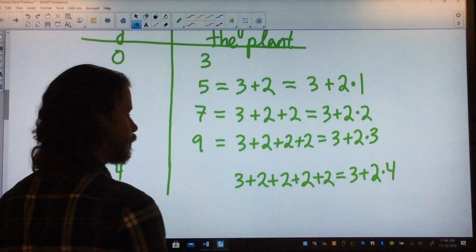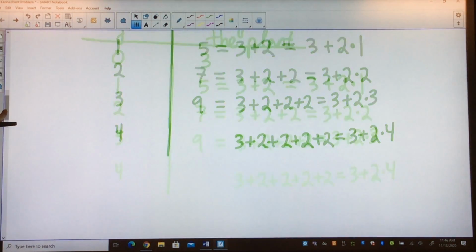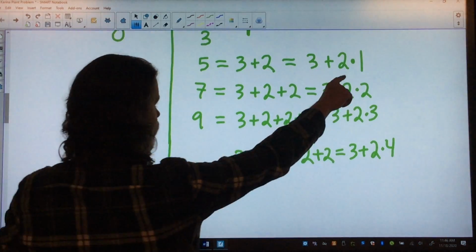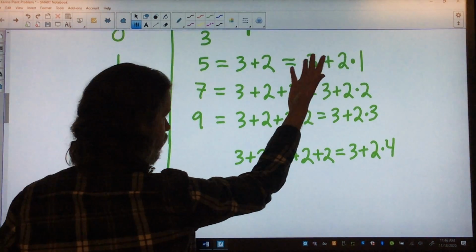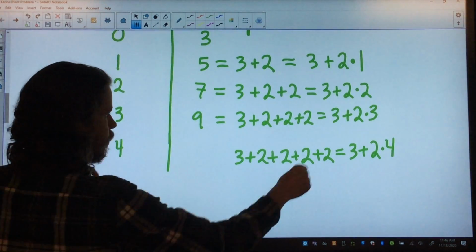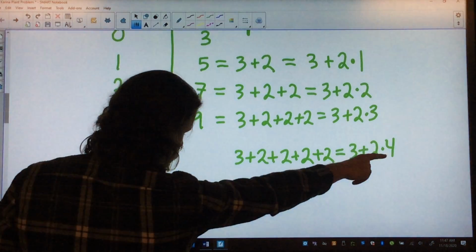At this point, we can generalize a pattern. I can see on day 1, I add 1 2, or another way to think about it, I multiply by 1. On day 2, I multiply by 2. On day 3, I multiply by 3. On day 4, I multiply by 4.